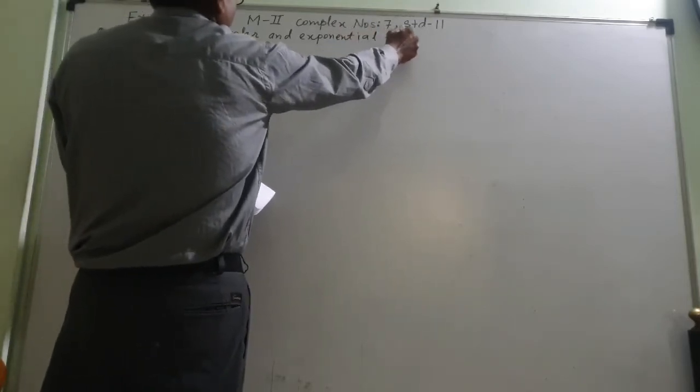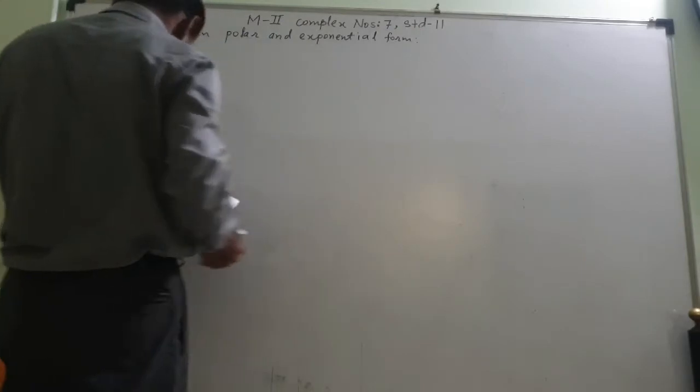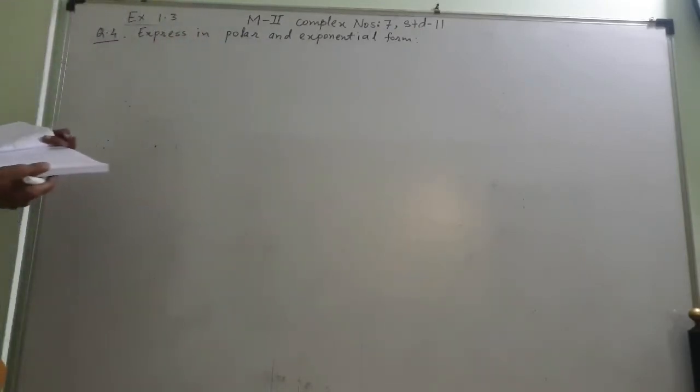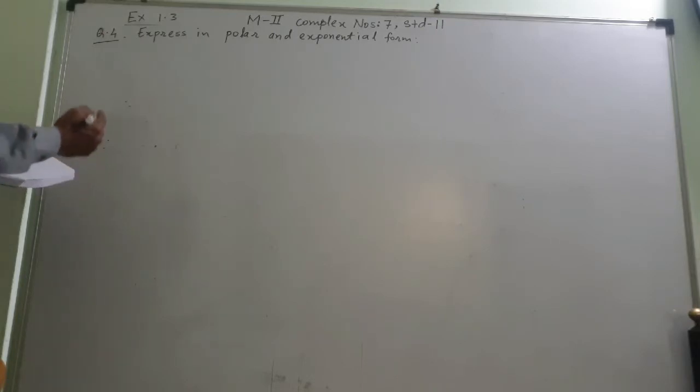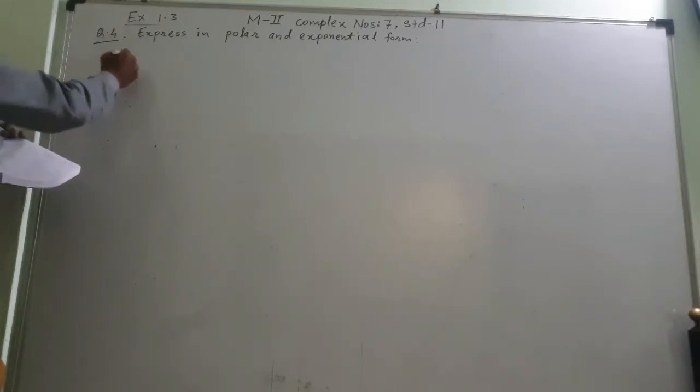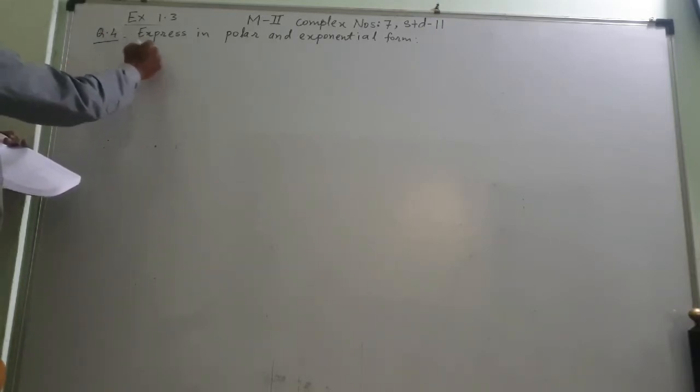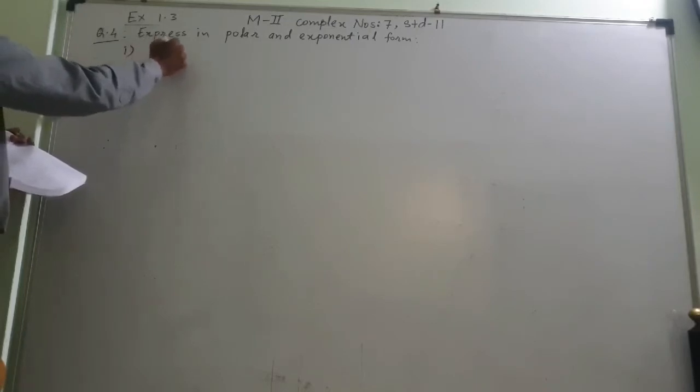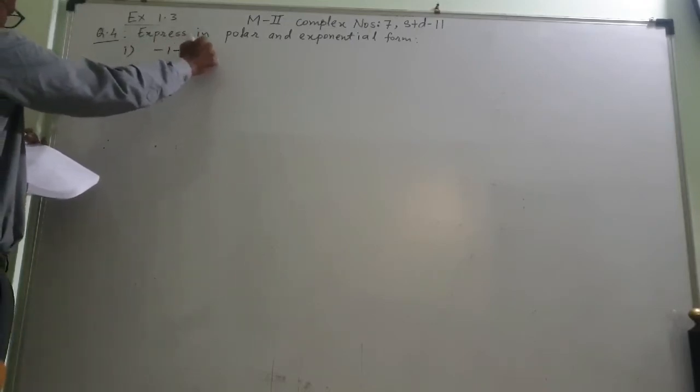Exponential form, how to do that? I will tell you. So the first one is minus 1 plus root 3i. Minus 1 plus root 3i.